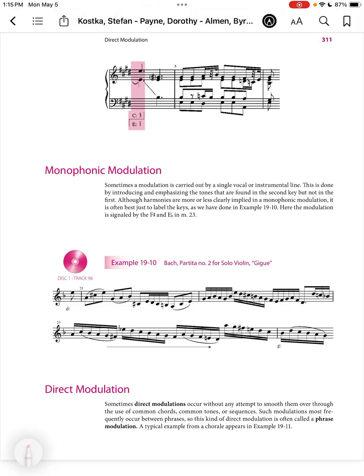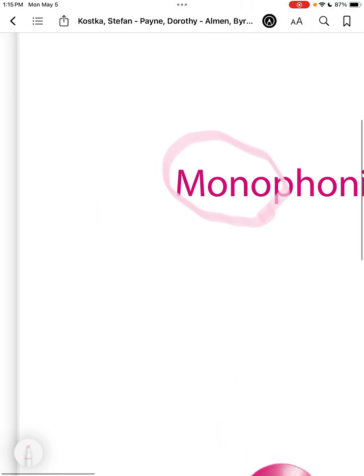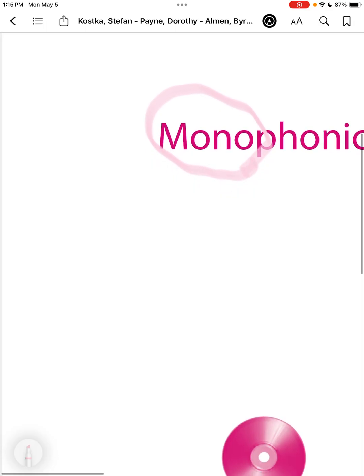When you hear the word mono, it means one, so monophonic means one modulation.